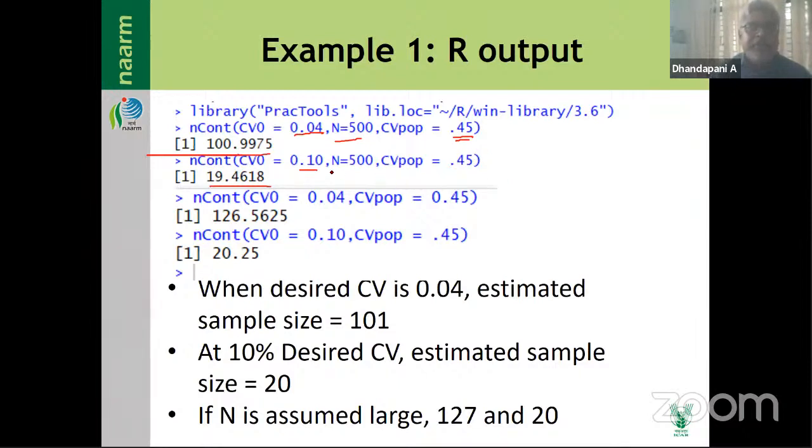Even if I change this n to 500, then at 4% I require something like 126, and at 10%, there is almost no difference in the sample size. So the trick is how you are going to get this value. That is what you have to worry about when you want to do it.